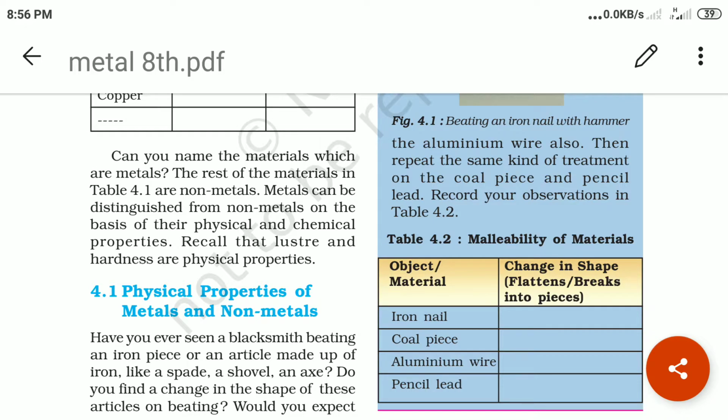The rest of the materials in Table 4.1 are non-metals. Metals can be distinguished from non-metals on the basis of their physical and chemical properties. How can we differentiate?